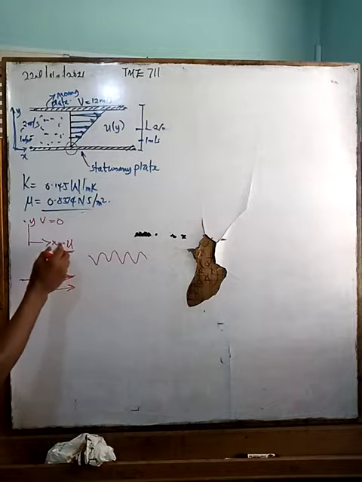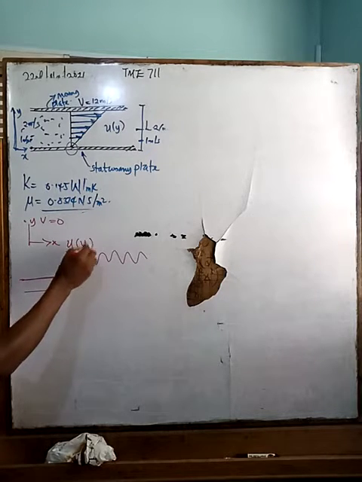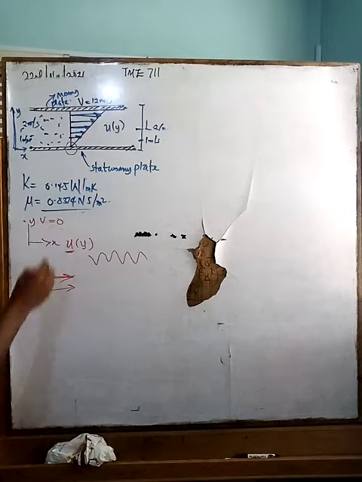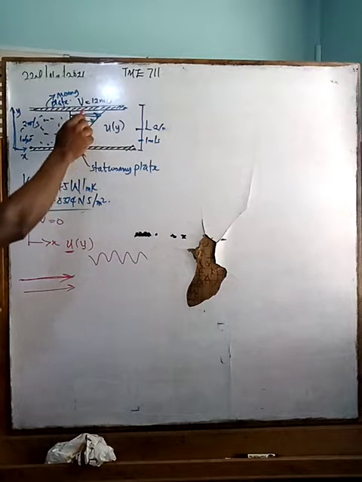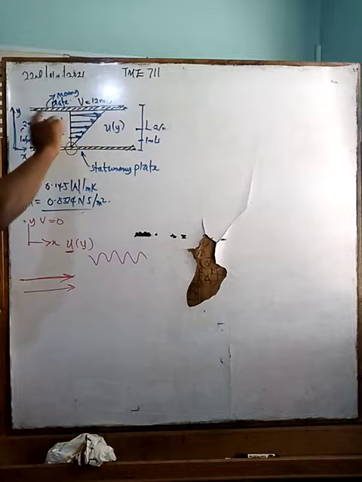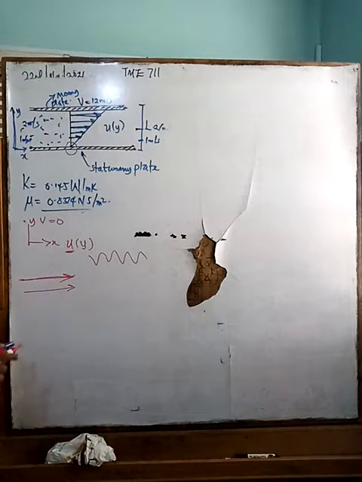So we only have u of y, and v is equal to 0. That's why you see from the question, u of y, while the velocity of the moving plate is 12 meters per second.